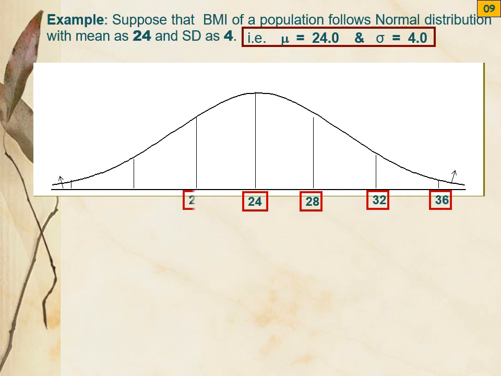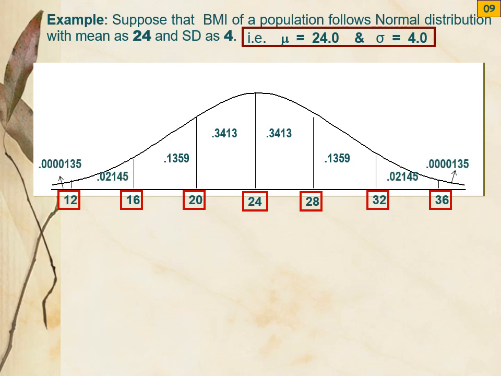Similarly, minus 1 sigma, minus 2 sigma, and minus 3 sigma. Also, you know the areas between sigma limits, and as the curve is symmetric, for the same distance, the area to the right of mu and to the left of mu are the same. That is, you can split the areas like this for 1 sigma distance, for 2 sigma distance, for 3 sigma distance, and for beyond 3 sigma distance.